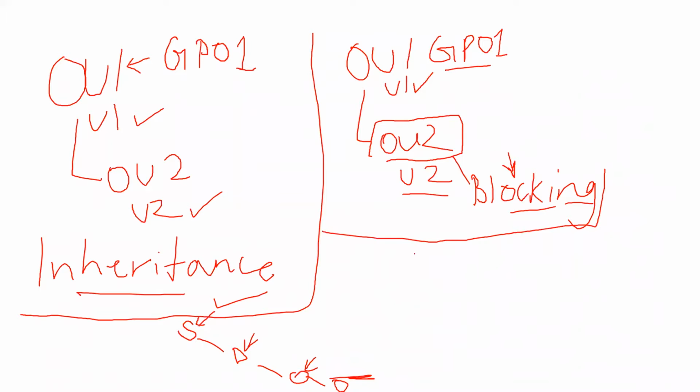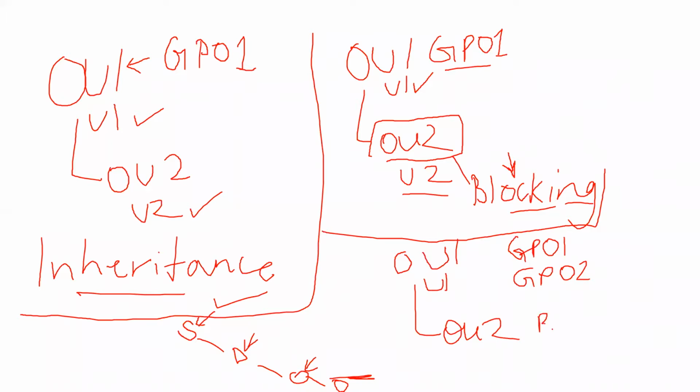Okay, so let's take another example. Same thing. I'm not going in the domain piece. I'm just making it a little simple. Let's take an example that I have got two policies created on OU1 and OU2 has a block. What does that mean? If you block at the child OU level, what will it block?